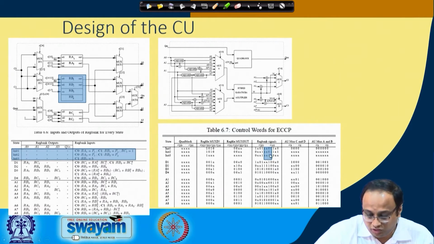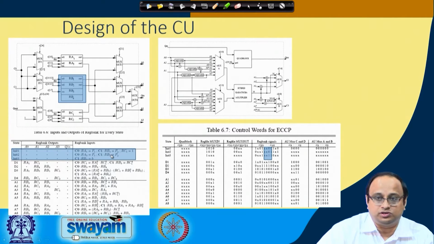If you observe here, the corresponding control, initially, is C14 and C13, and that shows 0 0. If it shows 0 0, that means you are writing into the first register, that is RB1, and that is exactly what you are doing in the equation.